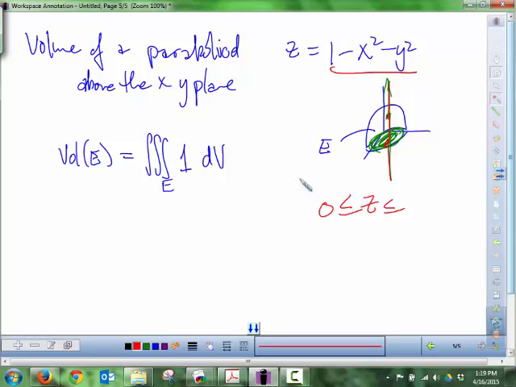But when we go to cylindrical coordinates, all the x squared plus y squared need to change into r squared. So instead of 1 minus x squared minus y squared, you're going to have 1 minus r squared.